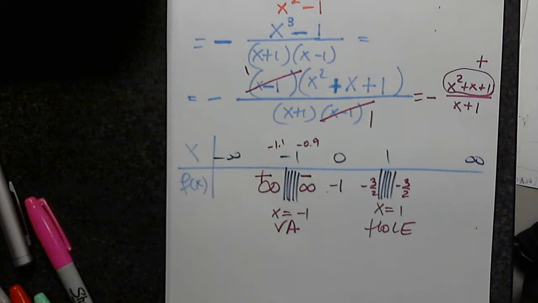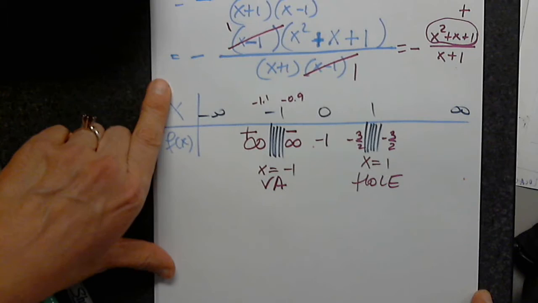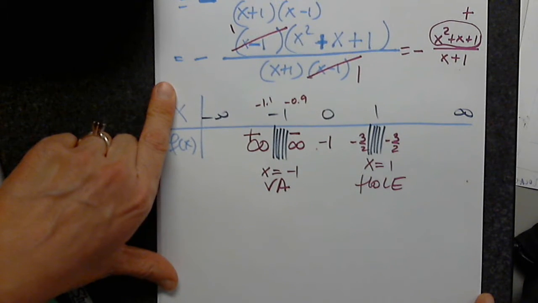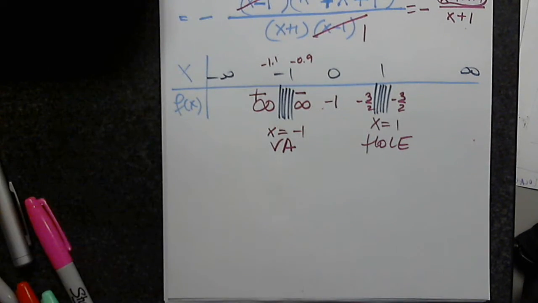What is the very last thing that I need to determine for this function? And I'm done. Yes, which in this case will be the slant asymptote. Awesome. Yes. Great. So how do I get the slant asymptote? Yes, let's divide.